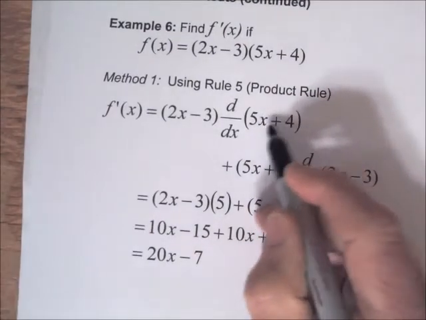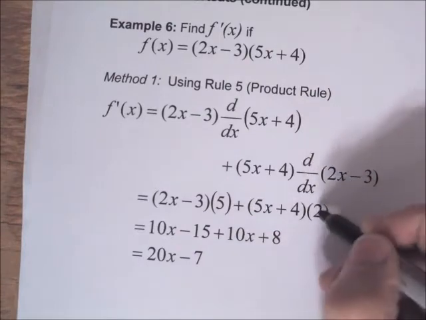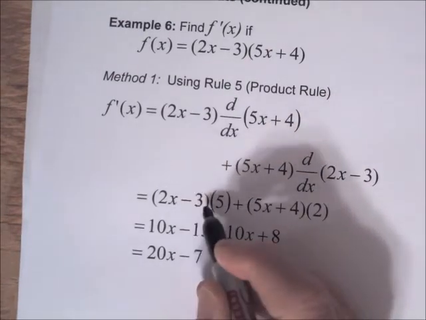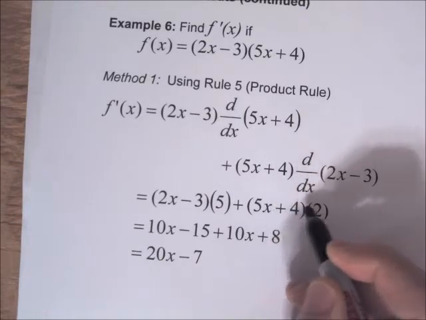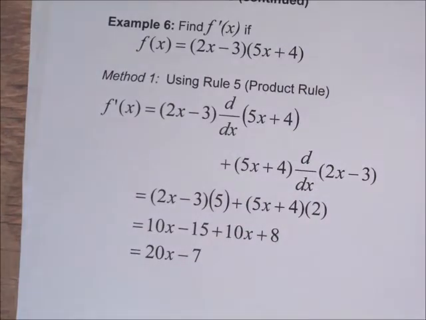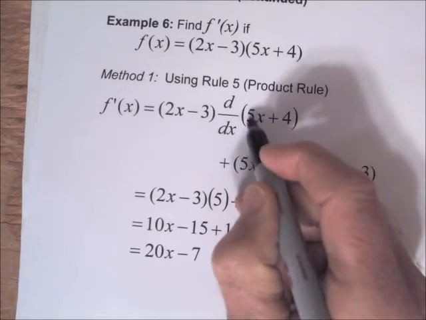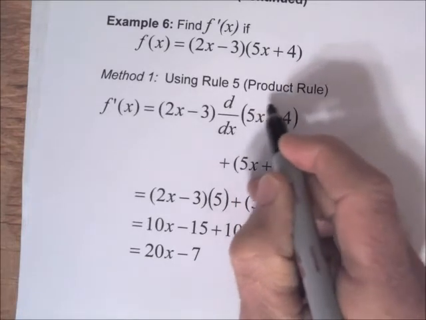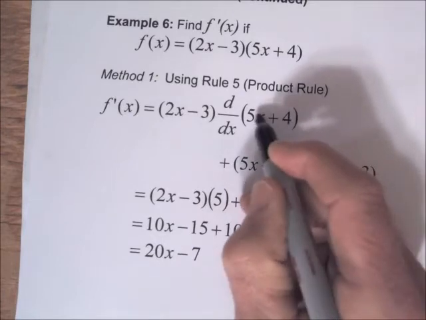The derivative of 5x plus 4 is just 5, and the derivative of 2x minus 3 is just 2. So it's the quantity 2x minus 3 times 5, plus the quantity 5x plus 4 times 2. Remember, the derivative is basically the slope. This is a linear term, and for y equals mx plus b, m is the slope.